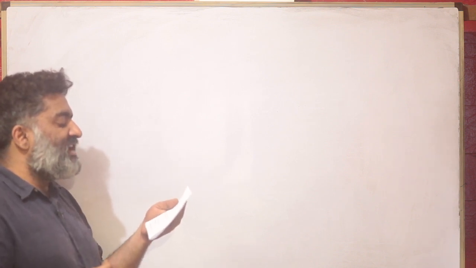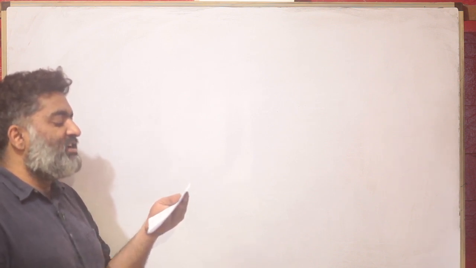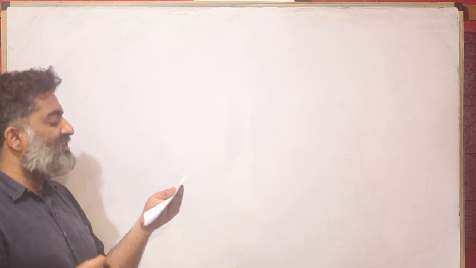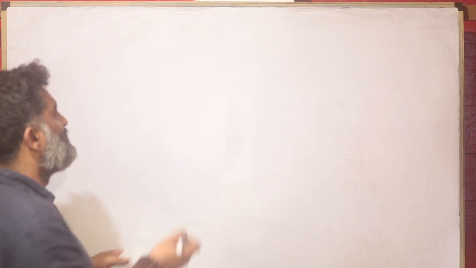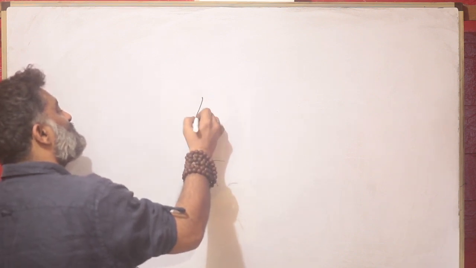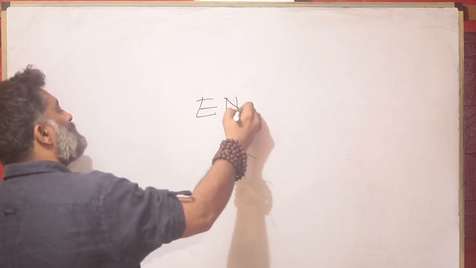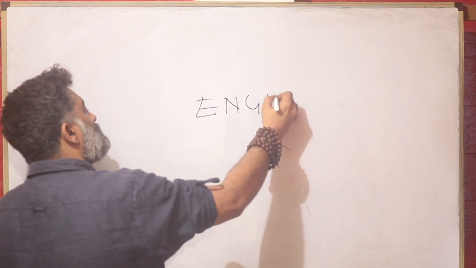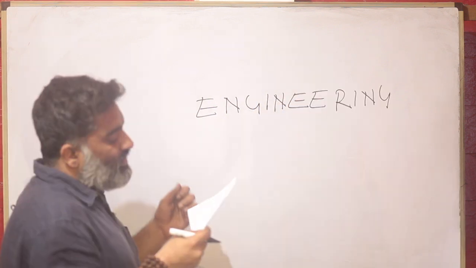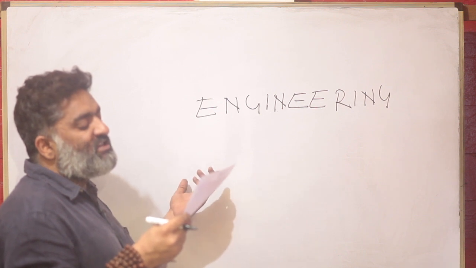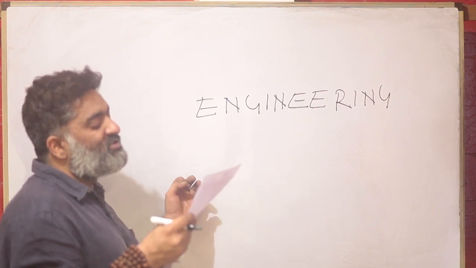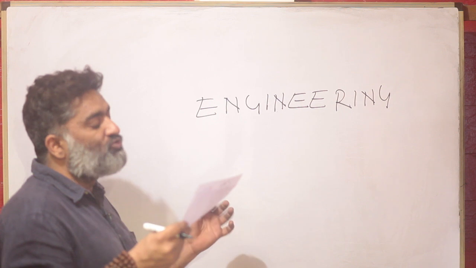In how many ways can the letters of the word engineering be arranged such that the relative positions of vowels and consonants do not change? So let me capture the word first. So this is the word, and I have to arrange them or rearrange them in such a way such that the relative positions of vowels and consonants do not change.